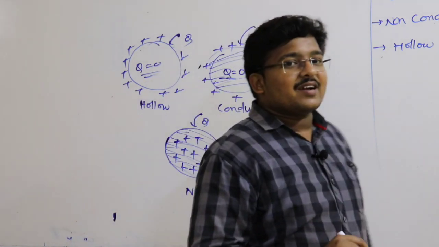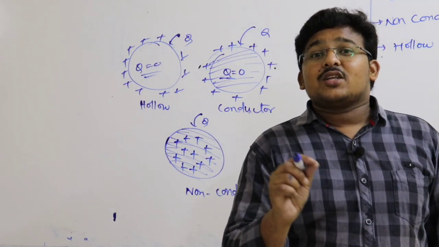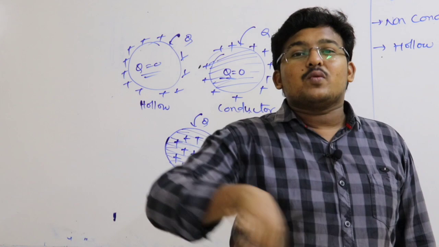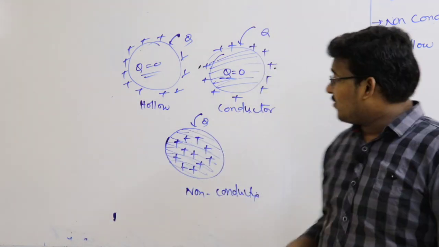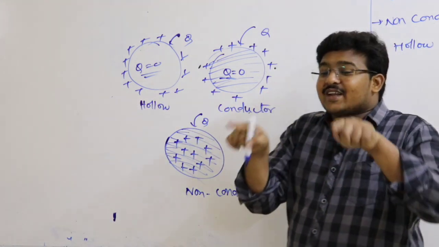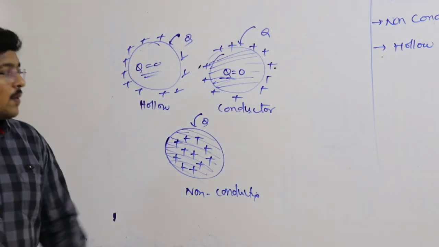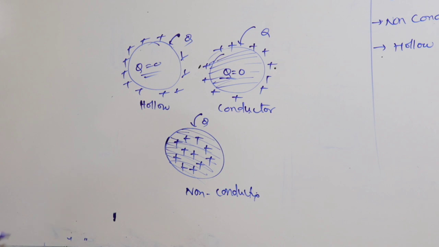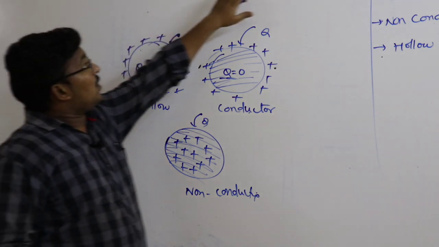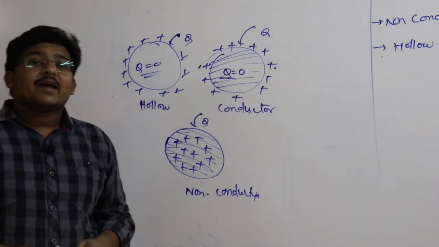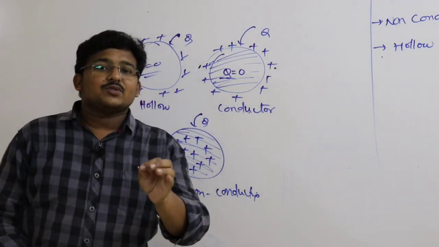For a non-conducting sphere, the charge distributes in the volume inside, whereas for both of the others, charge rests on the outer surface. This is the main point you need to understand here. Now we will see for the hollow sphere or conducting sphere what the electric field intensities are by using Gauss law.